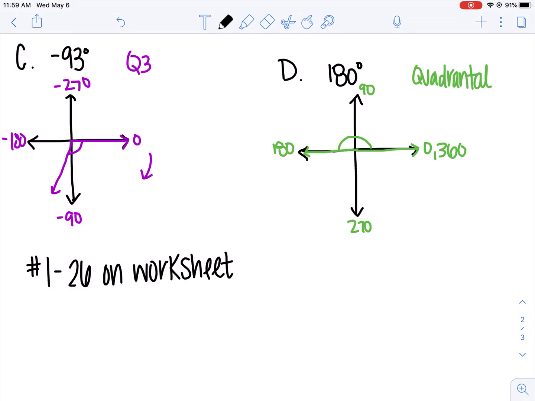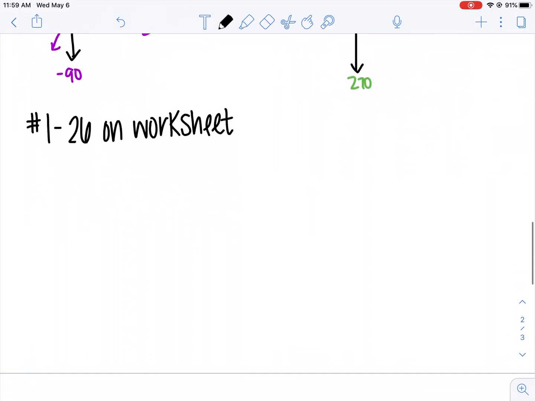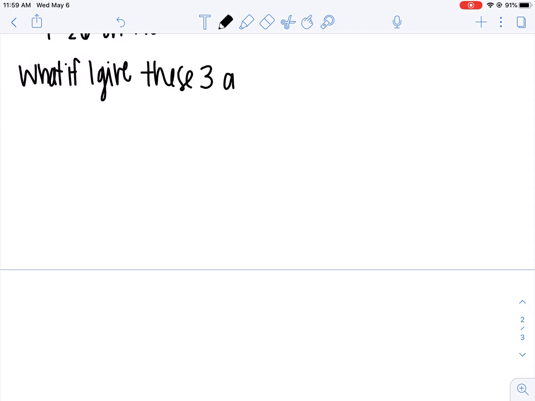So, before I introduce coterminal angles, I'm going to pose a question to you. What if I give you these 3 angles? So let me draw the angles, and then we're going to talk about them.